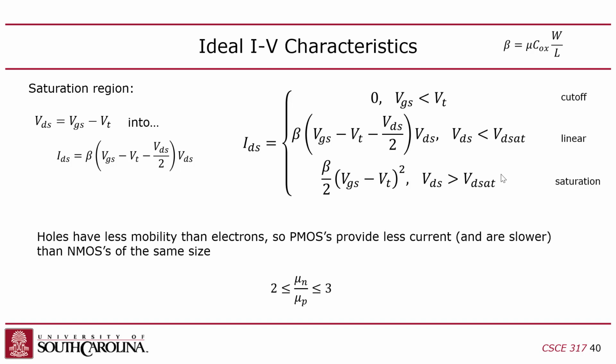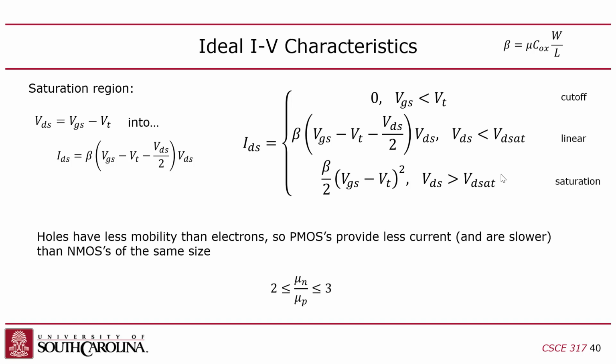And so the carrier with the NMOS is going to be the electrons, because the substrate is P. Over here with the PMOS, the substrate is N, and the minority carriers are holes, right? So holes have less mobility than electrons, which means that the mobility of a PMOS transistor is about half of that of the NMOS transistor.